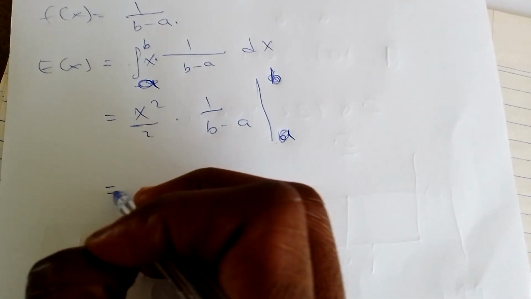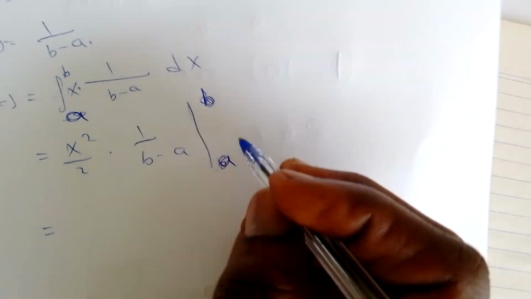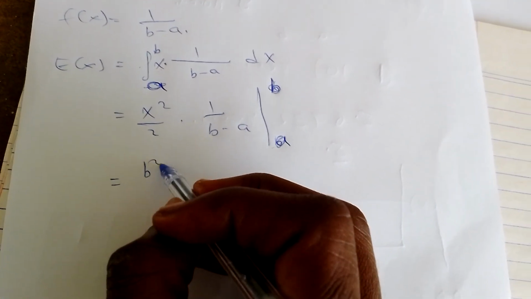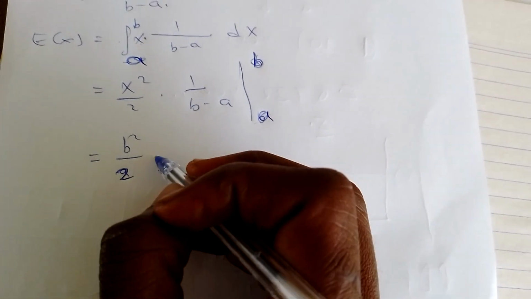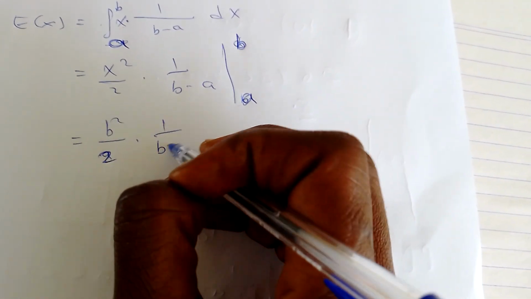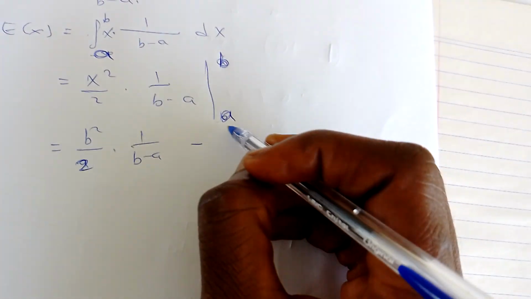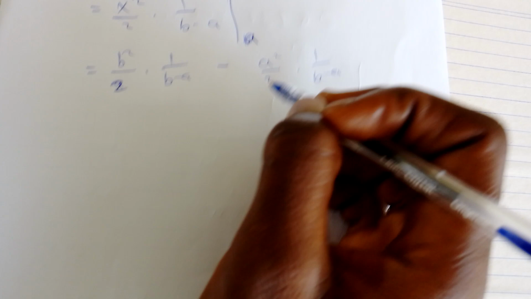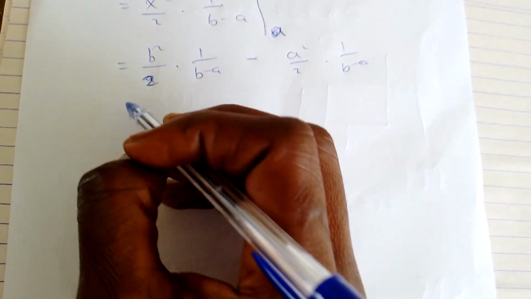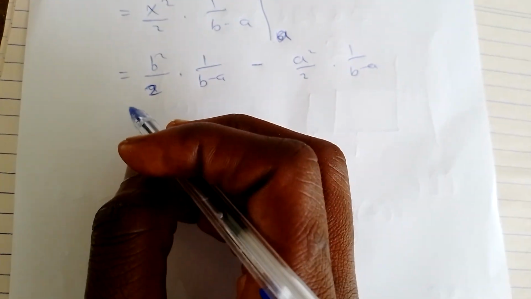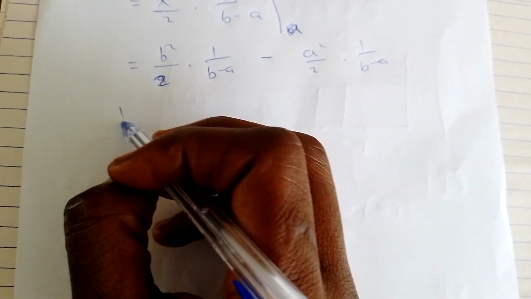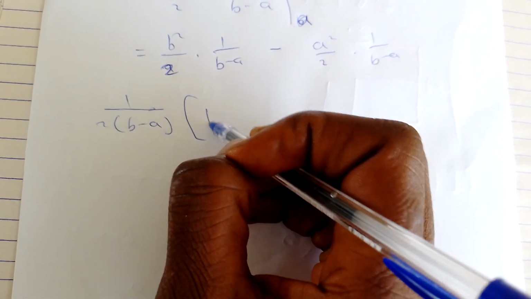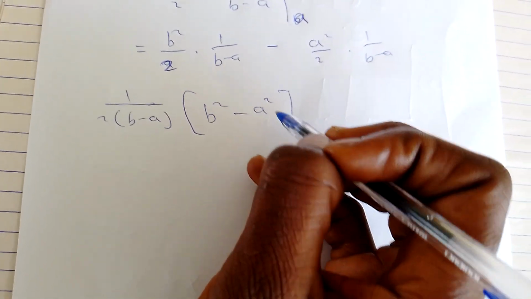From here you can decide to simplify this. Then you'd have your b squared on 2 multiplied by 1 on b minus a. Then you subtract your a squared on 2 multiplied by 1 on b minus a. Then you find that you can factorize out 2 times b minus a. Then you end up having b squared minus a squared inside.